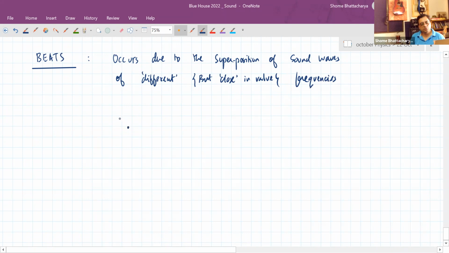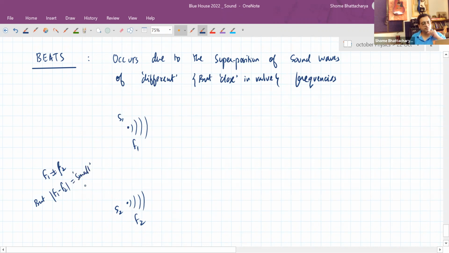Best explained like this, that suppose we have one source which is creating sound of frequency f1 and another source which is creating sound of frequency f2, such that f1 is not equal to f2, okay, but the magnitude of f1 minus f2 is small.